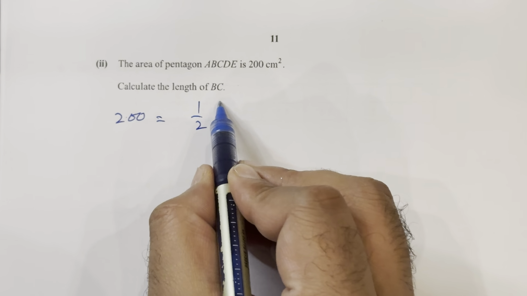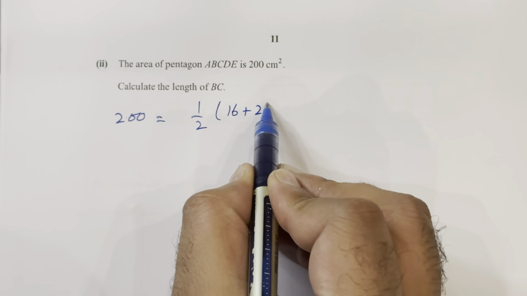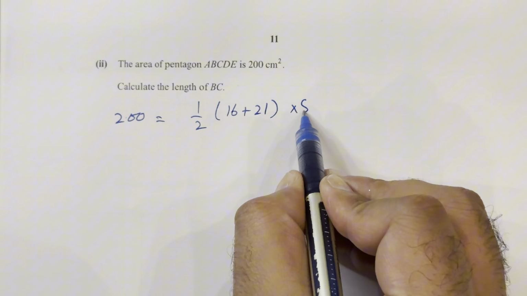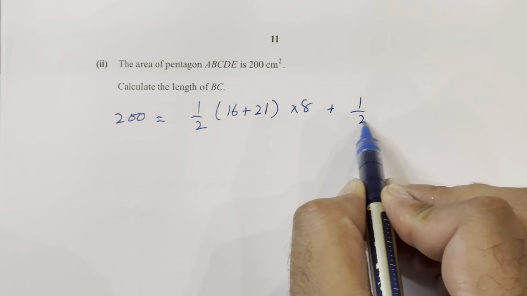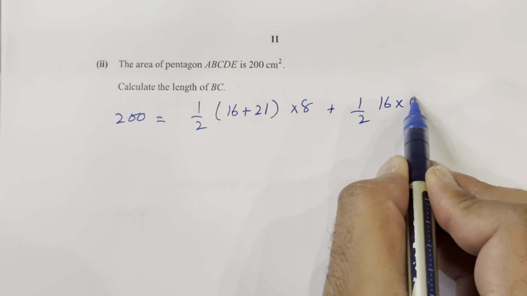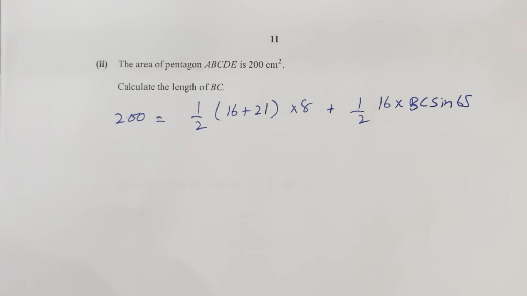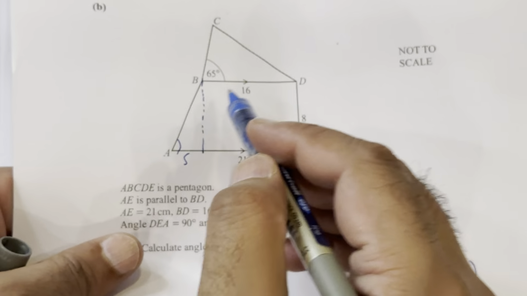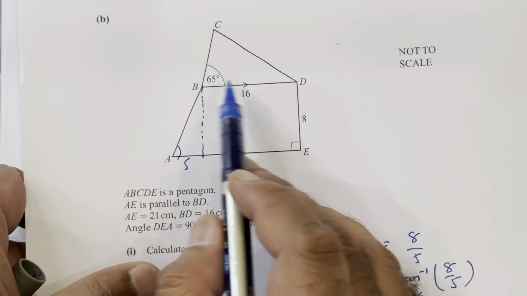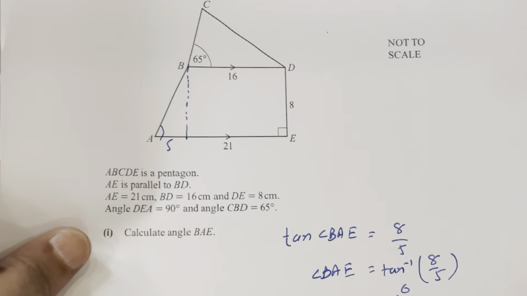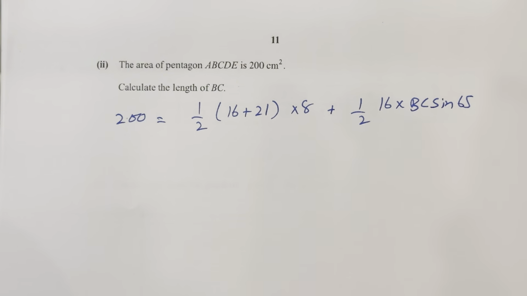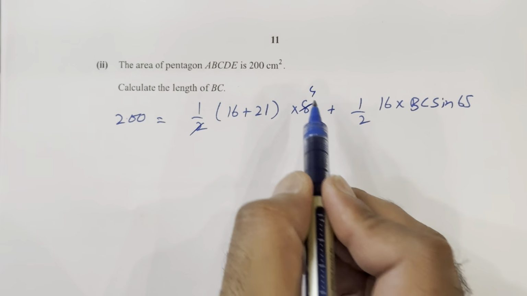Trapezium: 1 over 2, sum of parallel sides 16 plus 21 times height 8. Then the triangle area: 1 over 2, 16 times BC, that we need to find, and sine 65. This is 1 over 2 BD times BC times sine 65. You can solve it.